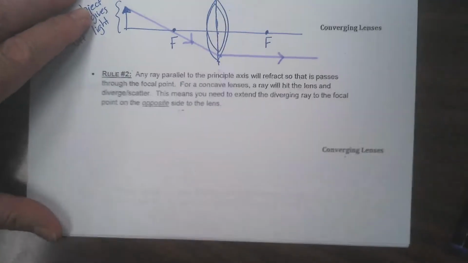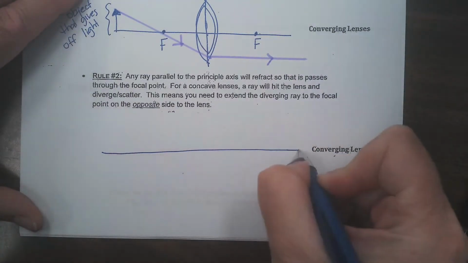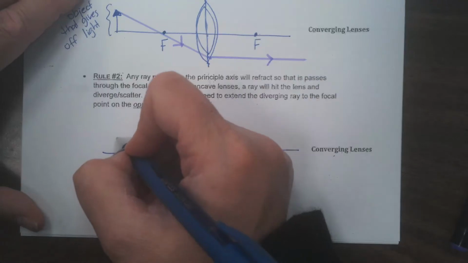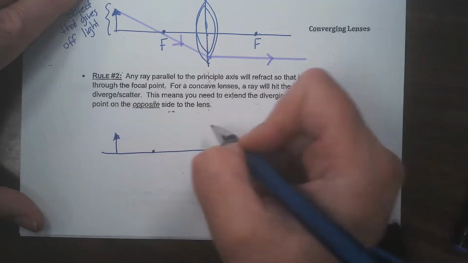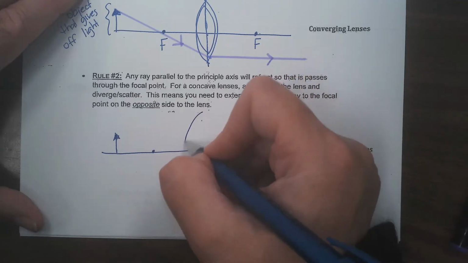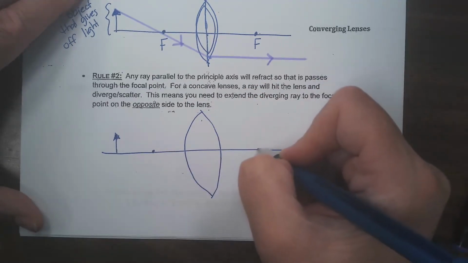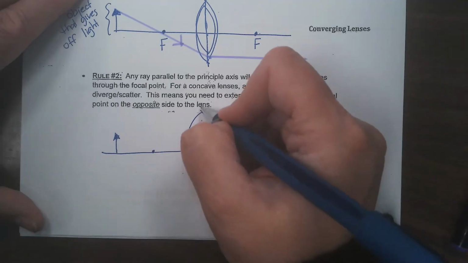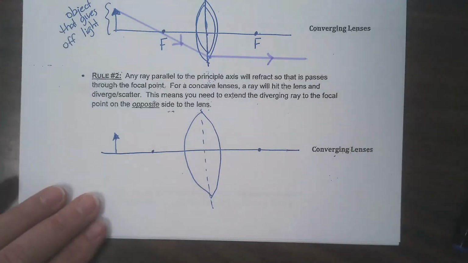The second rule says that you have your object. And draw a bigger one. So make sure I don't mess up: my focal point, my principal plane, my principal axis.